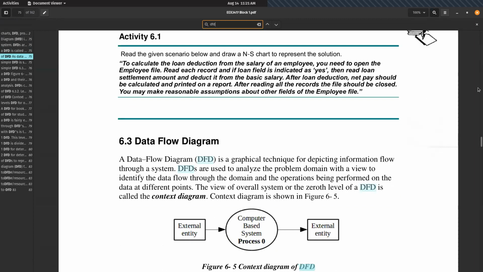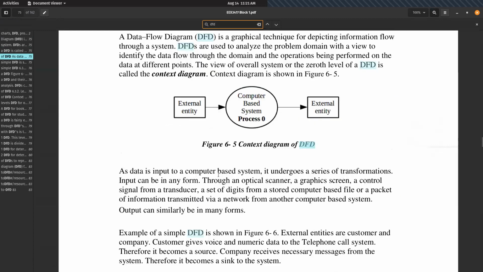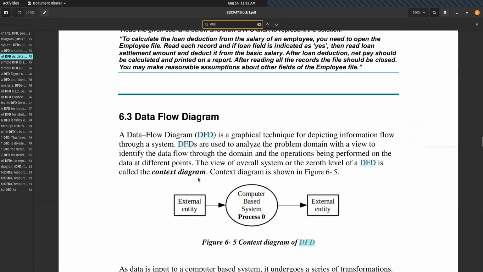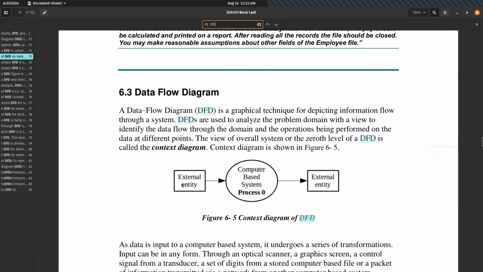Data flow diagram. Here you can see in the first book, on page 75, a lesson is available called data flow diagram.